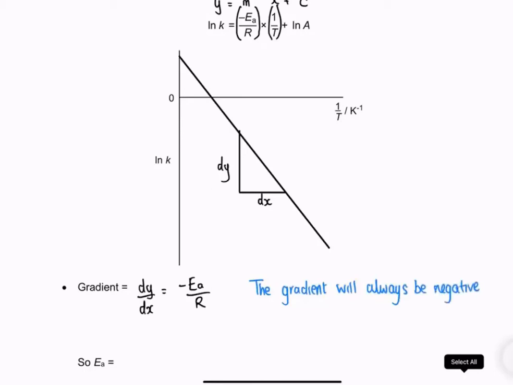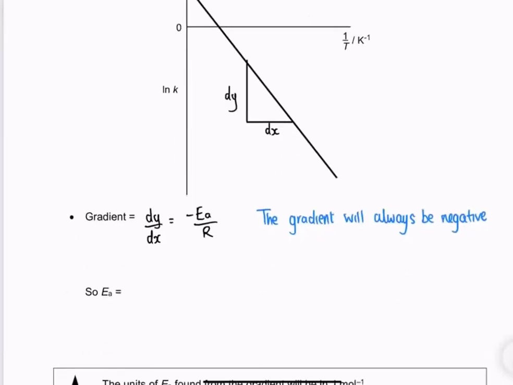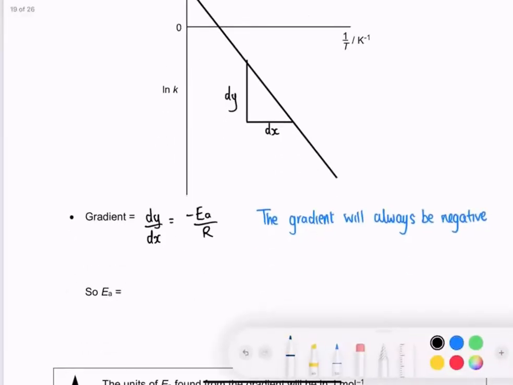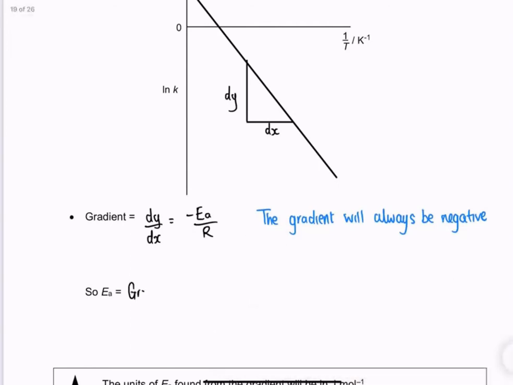Okay, and then we can find activation energy, Ea, by taking our gradient and multiplying it by minus R. That's going to get rid of the minus sign in the gradient, but this is going to be in joules per mole.